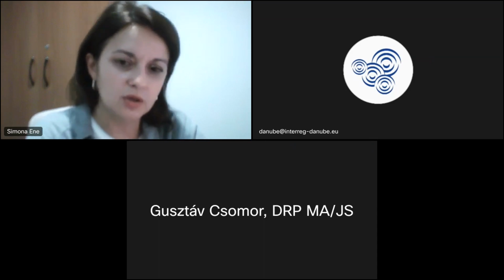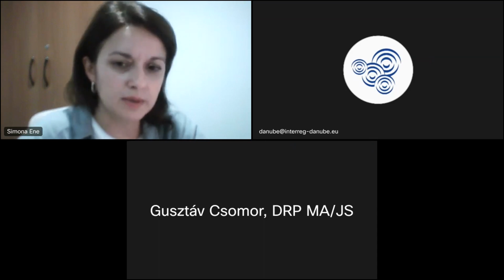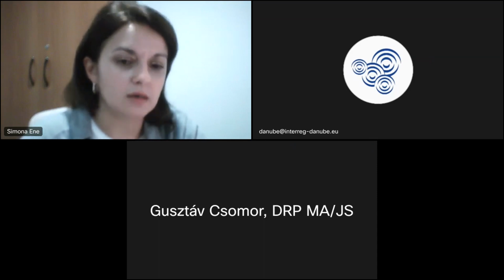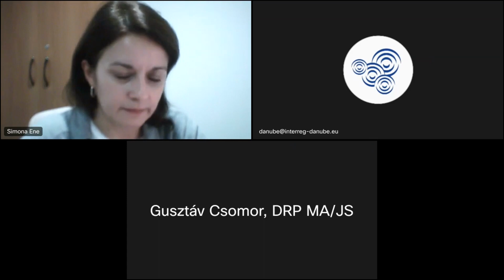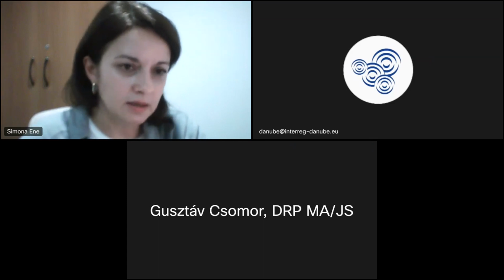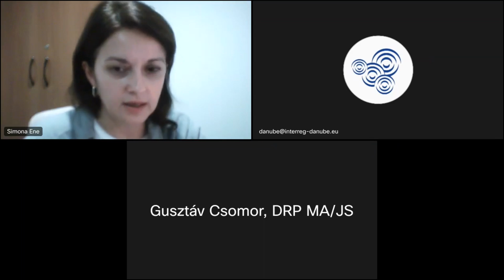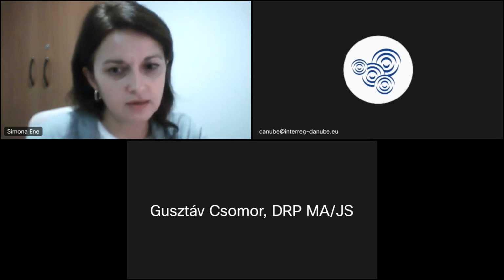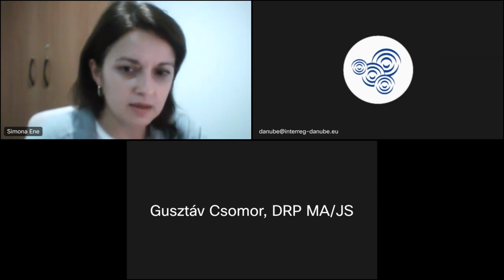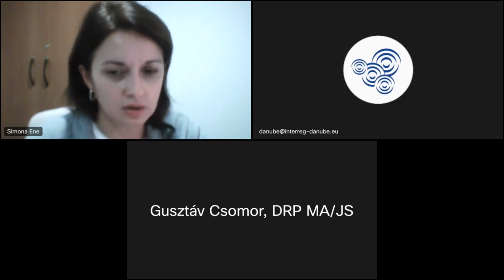So in your project, you have to define up to 3 specific objectives. To each specific objective, you are defining the activities, and these activities will lead to the development of certain outputs that you have to link to output indicators and to certain results that you have to link to certain result indicators.